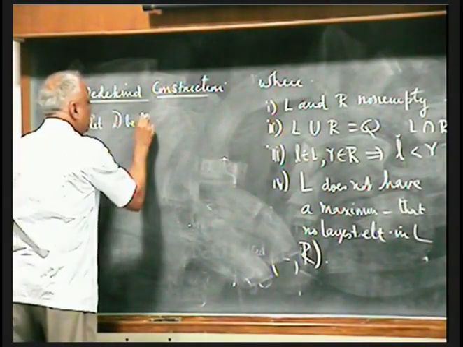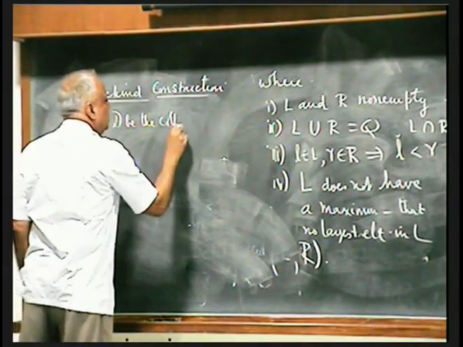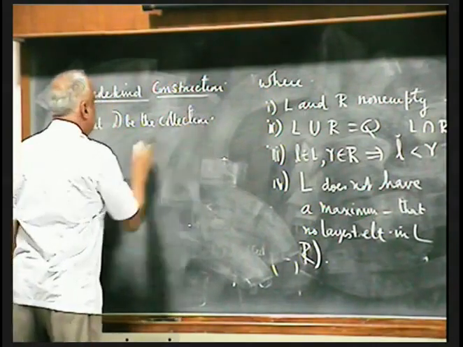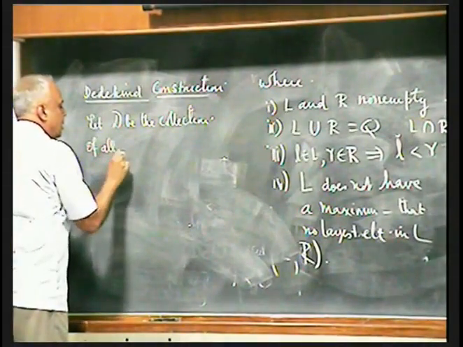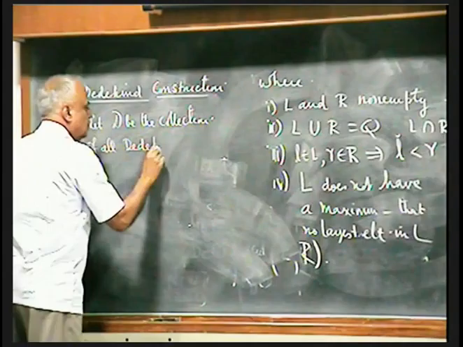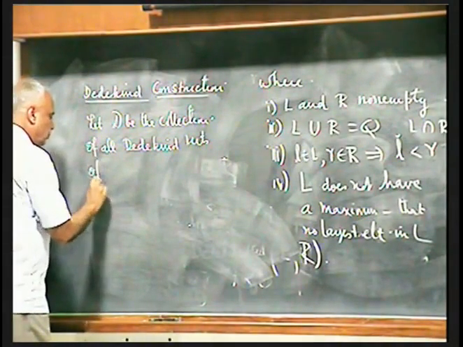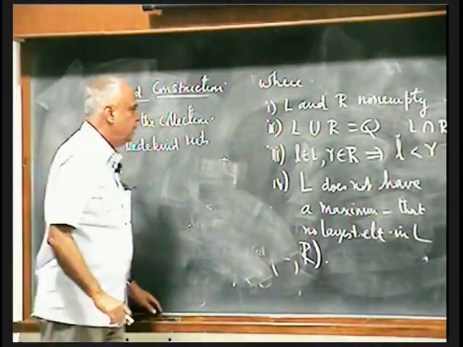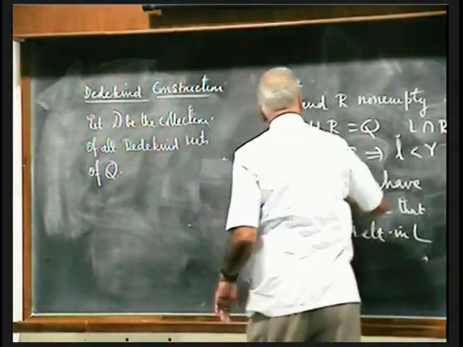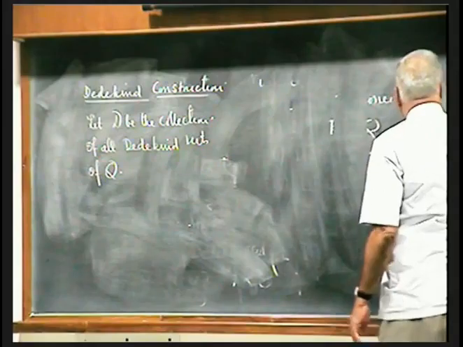Okay. Let D be the collection of all Dedekind cuts of Q. All the Dedekind cuts of Q, all possible Dedekind cuts.